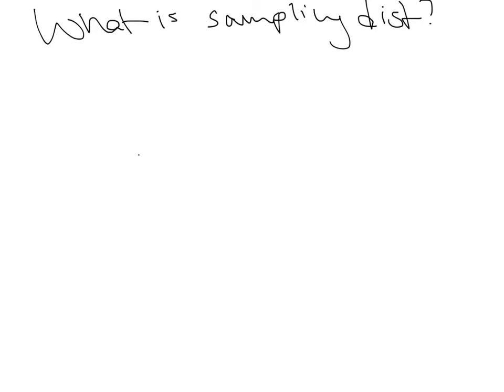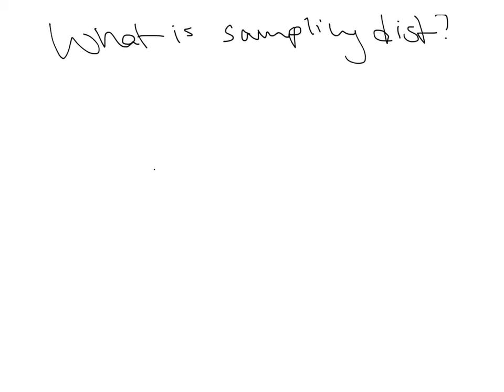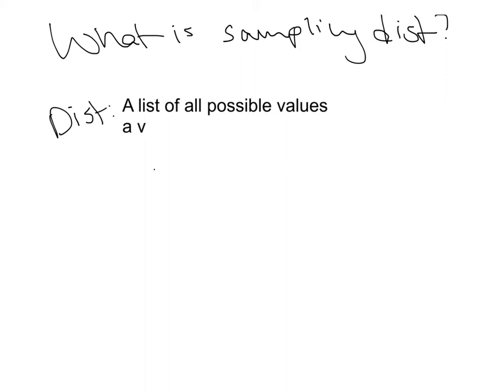Before we actually get into what a sampling distribution is, we actually need to define what a distribution is. And that is going to be a list of all possible values a variable can take.